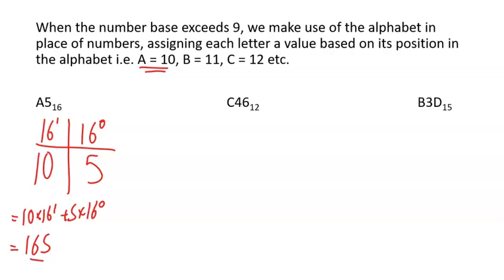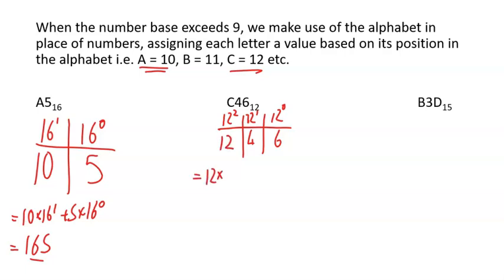Similarly, this C46 to the base 12 is increasing powers of 12, so 12 to the 0, 12 to the 1, 12 squared, and then my C46, the 4 and 6 go in the corresponding columns, and C represents the number 12. So it's then going to go in there.